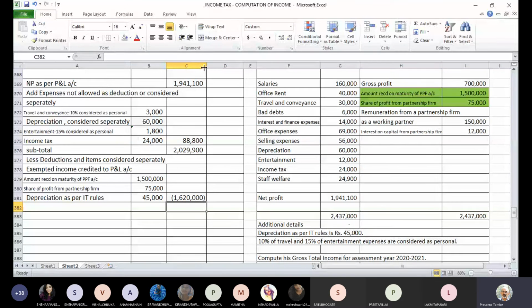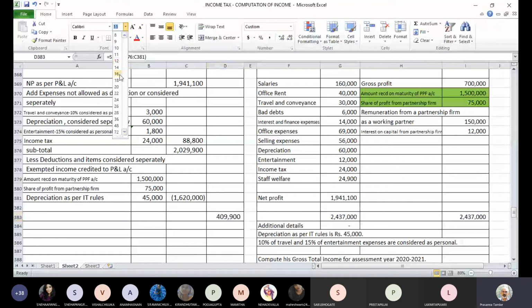So deductions are 16 lakhs 20,000, and then we get the income from business or profession, 4 lakhs 9,900. Have you understood the workings and calculations?